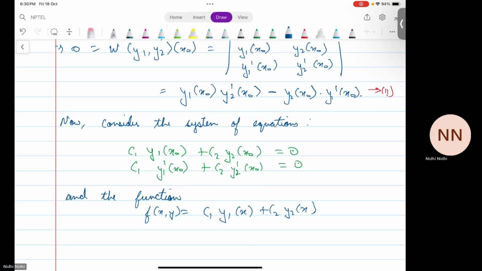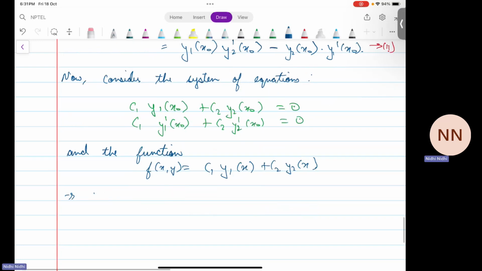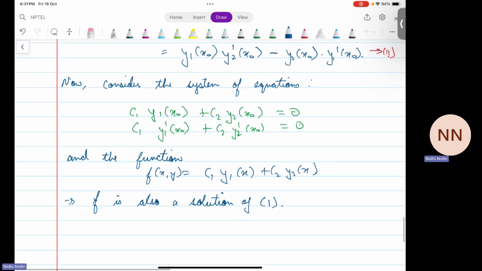So this implies f is also a solution of the given equation first. Let's mark this one as star.